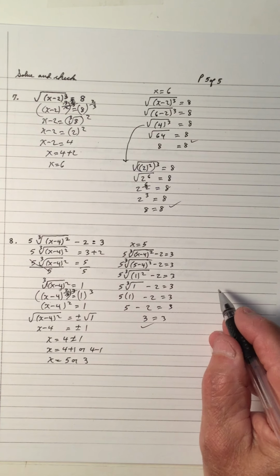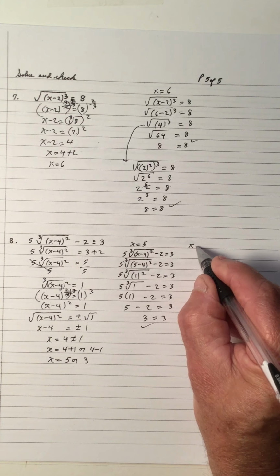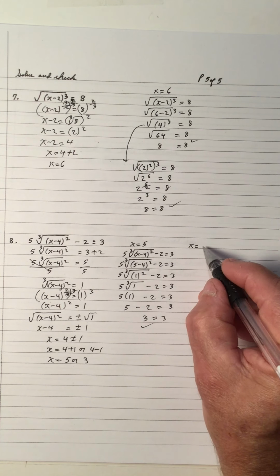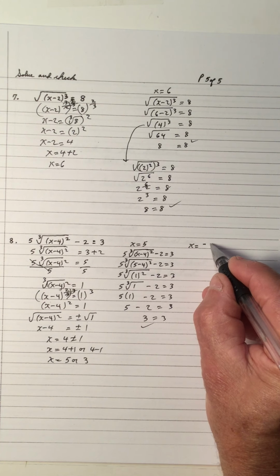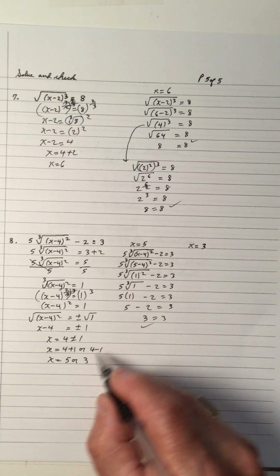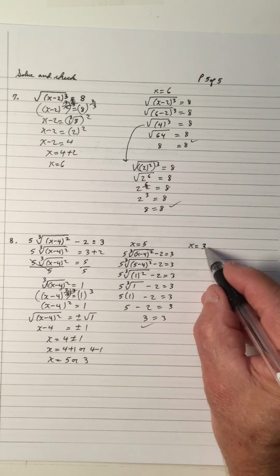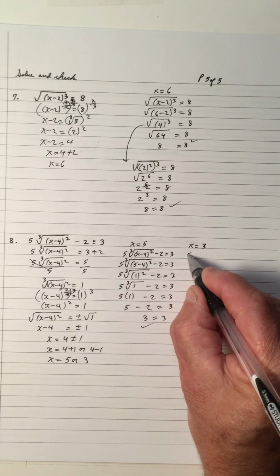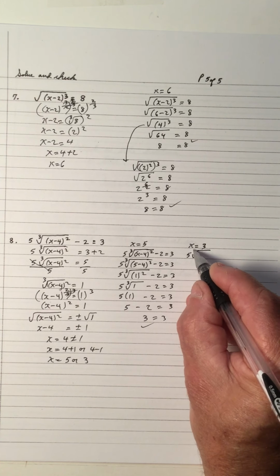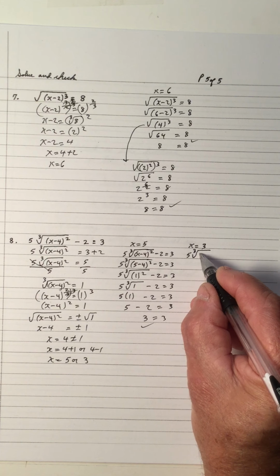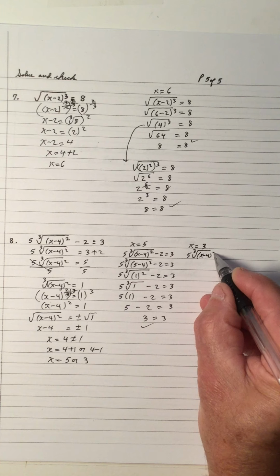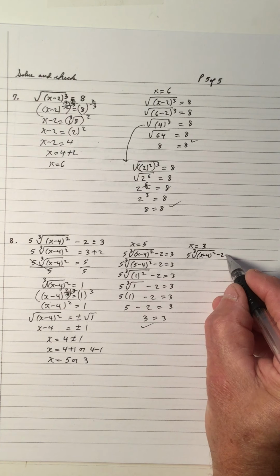Now, we can go with x equals 3. I got 5 and 3. We're going to check 3. I'm writing down the equation first, and then I'm going to sub into the equation.